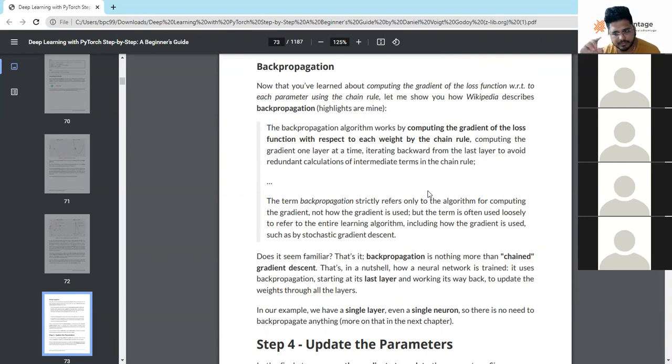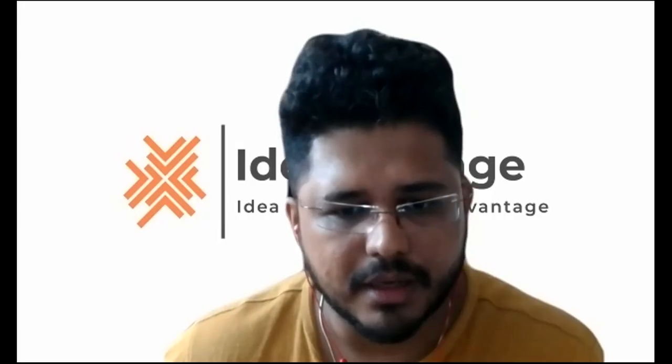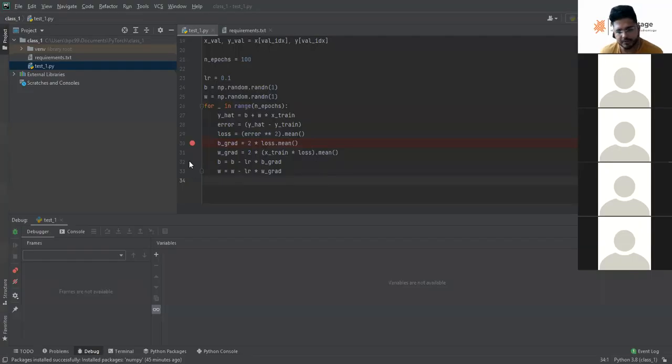Yes. So with respect to a single layer, this is my approach. But if I had two layers like this, suppose I had two linear equations, then this one will become B1 W1. From B1 W1, I will calculate B2 W2, and I will get B2 W2.